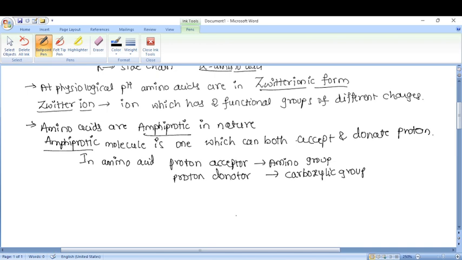In the amino acid, the amino group will accept the proton and the carboxylic group is able to donate the proton. Hence, the amino acids are called amphiprotic molecules.